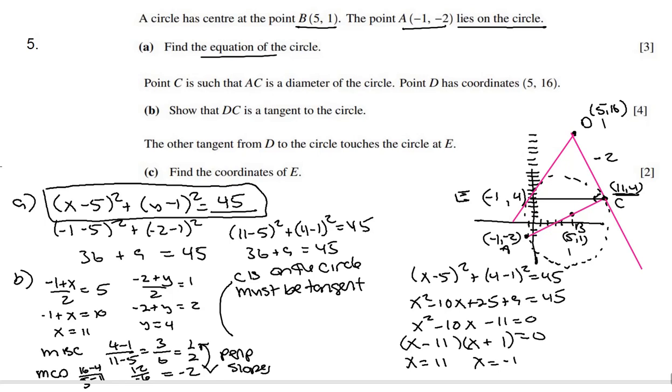Now the other way to do this is to figure out the equation of the line ED and then find out where those two intersect. You'll also notice that if this is a negative 2 slope, this is a positive 2 slope. I've got a point and a slope. I can easily make those two equations. I can find out where they intersect.